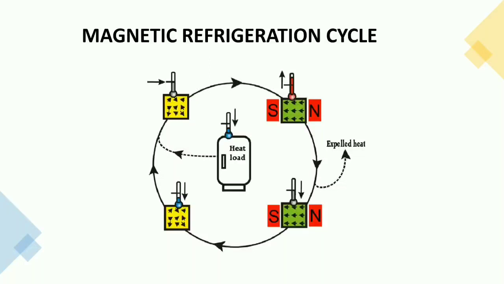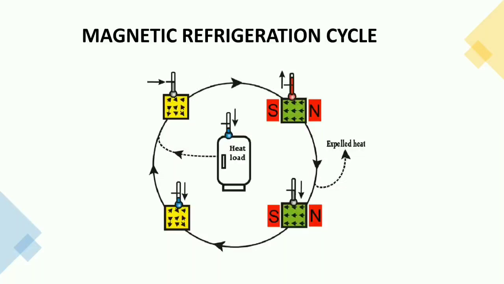And by removing the field, the magnetic moments randomize, which leads to cooling of the magnetic material below the ambient temperature. Heat from the system to be cooled can then be extracted using a heat transfer medium. The heating and cooling that occurs in the magnetic refrigeration technique is proportional to the size of the magnetic moments and to the applied magnetic field.